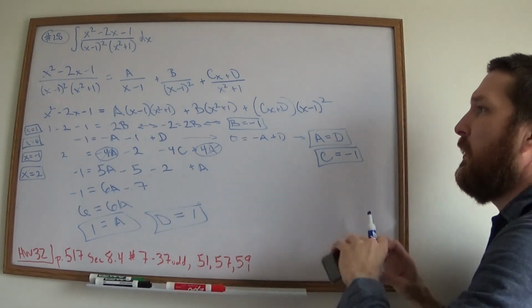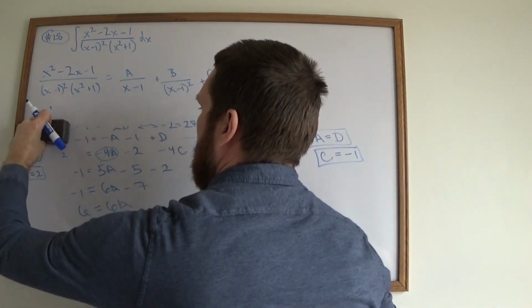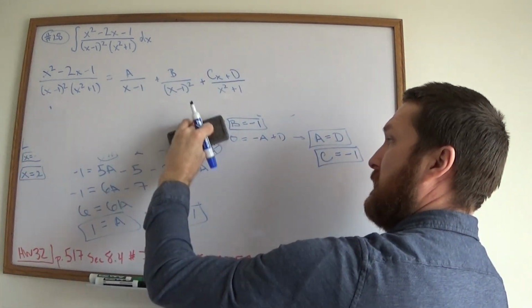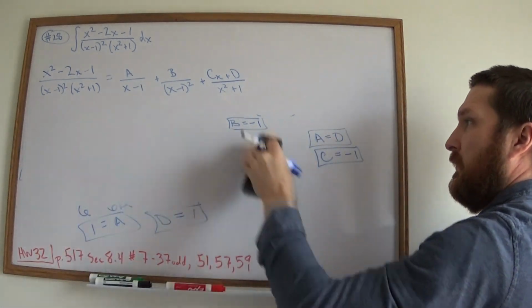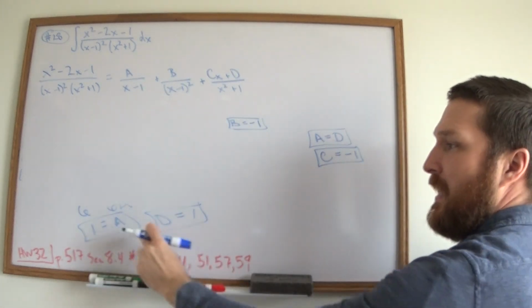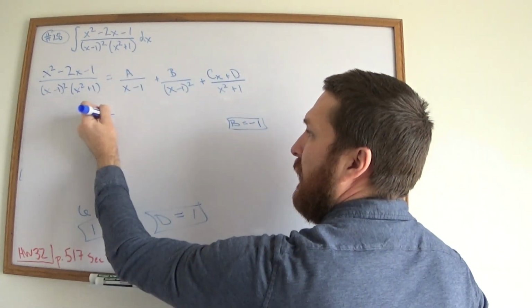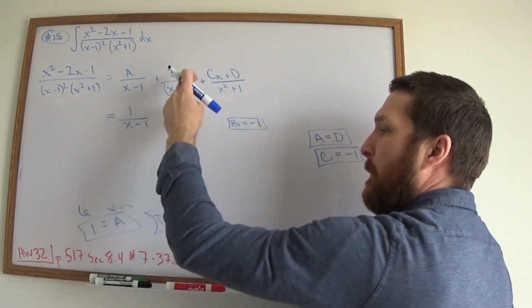Whoa, chill out. Please, I don't want to erase my answers here. Be really careful. Okay, so let's put these back into here. A is equal to 1, so we get 1 over x minus 1.